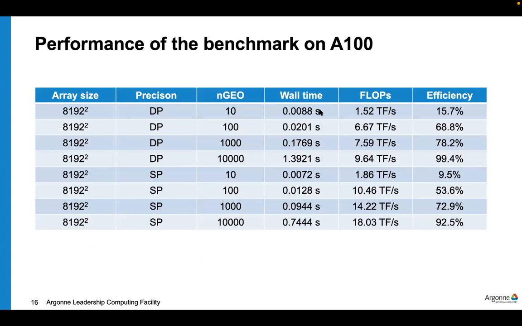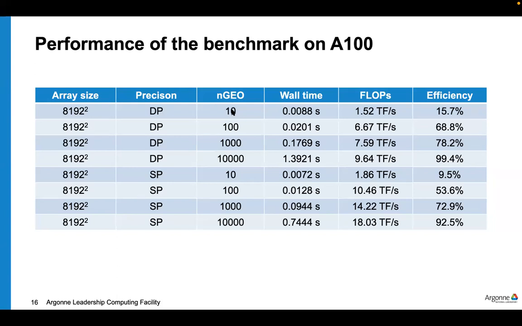Without NCU and Nsight Systems, I just ran it on the A100 GPU, and the benchmark itself provides the measured wall time and the computed flops based on the theoretical flop count. This is the result. I chose an array size of 8192 square, and I used double precision and single precision.